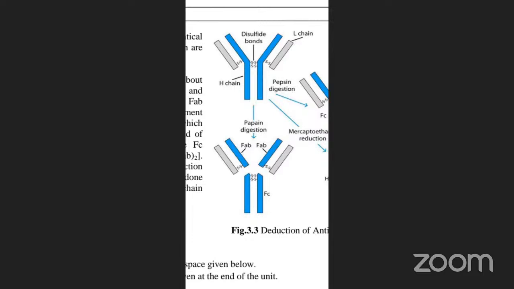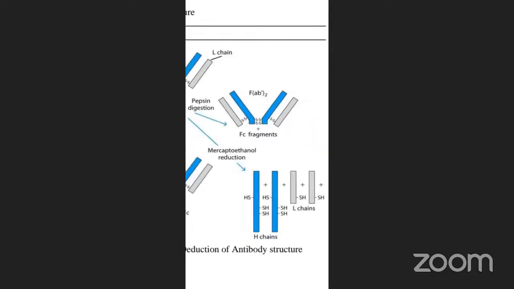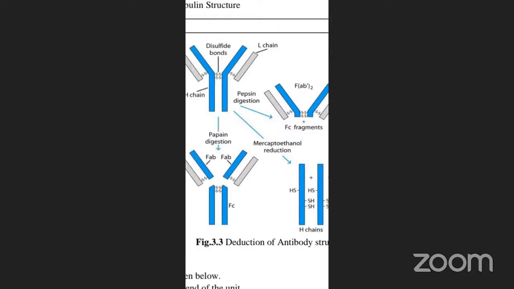Okay, then ma'am, here the top one is pepsin digestion. When it is digested by the pepsin enzyme, the FC remains the same. The bottom FC will get separated and you are getting a separate FC chain. But the top one, the FAB, in the previous digestion both of them got separated, right?